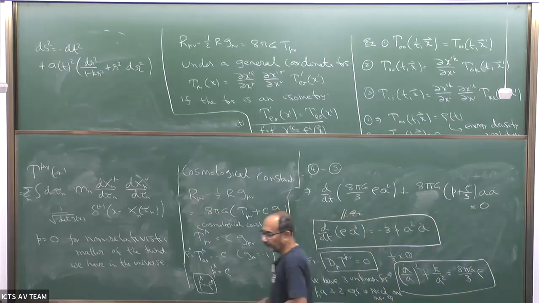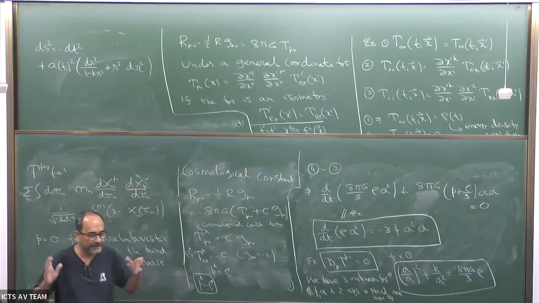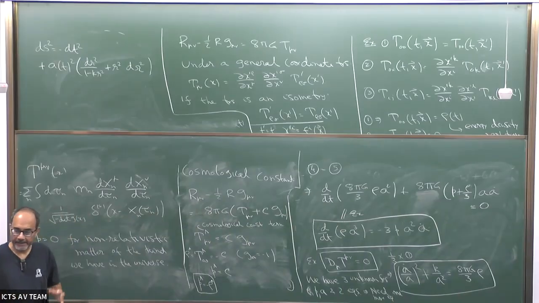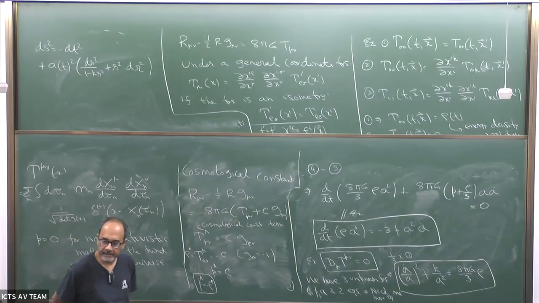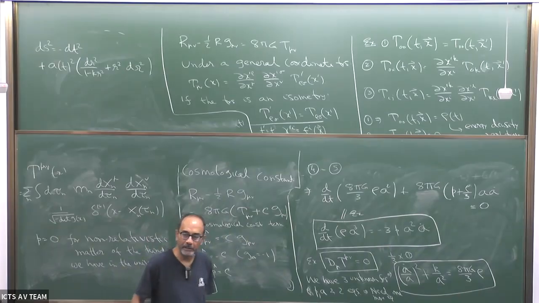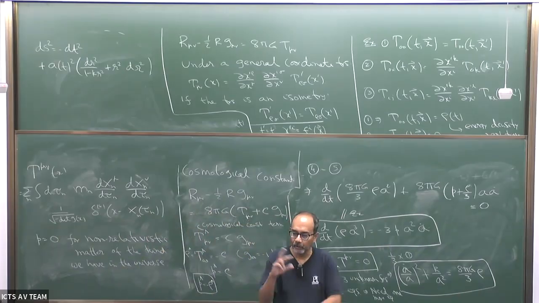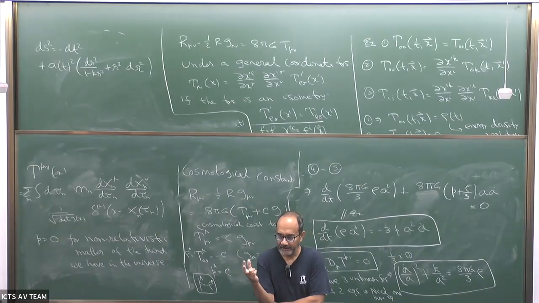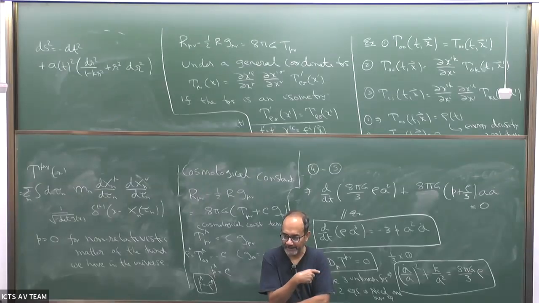We are short of two equations. We use P equal to rho by 3, which supplies one equation, and then if you impose separate conservation law for matter and radiation, that will supply the second one.